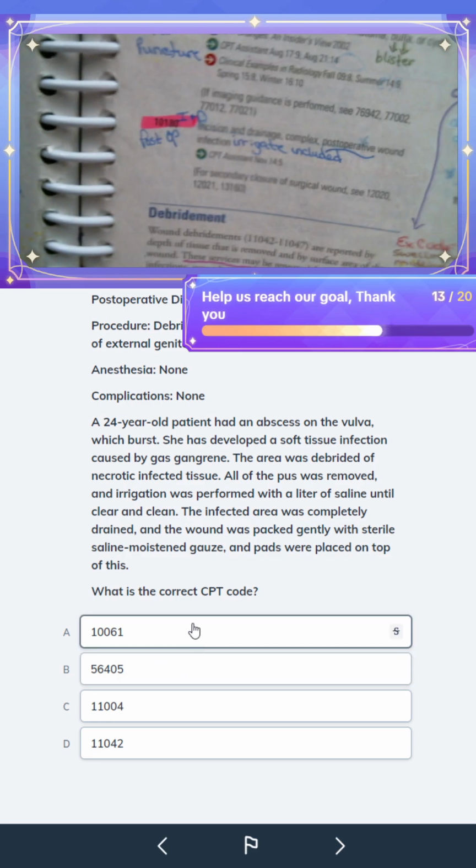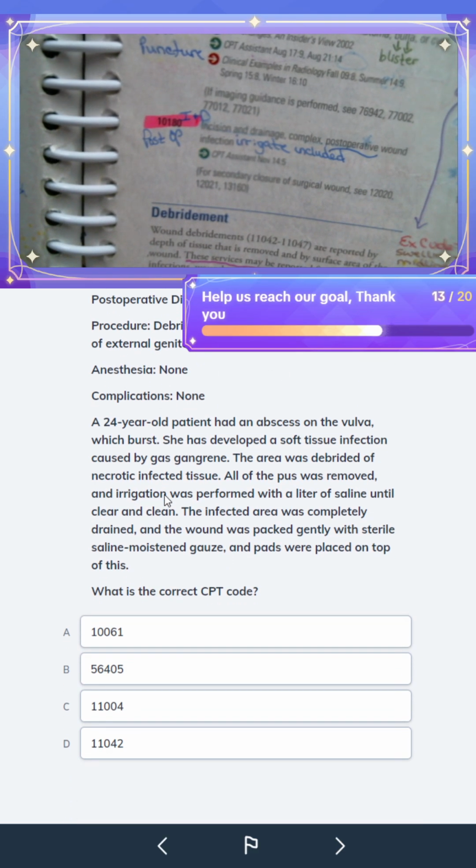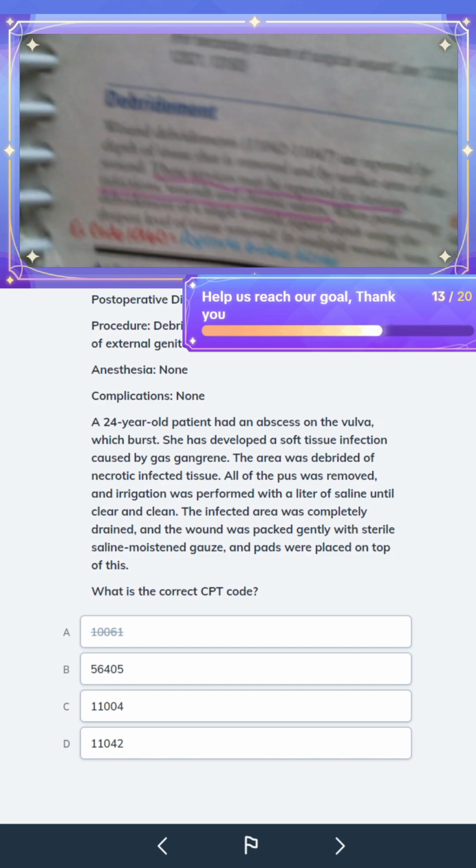What does our chart up here say? It says debridement, so you know you're not here. You know you're probably one of these. What would it be? Because you're going to be down here under the debridement.